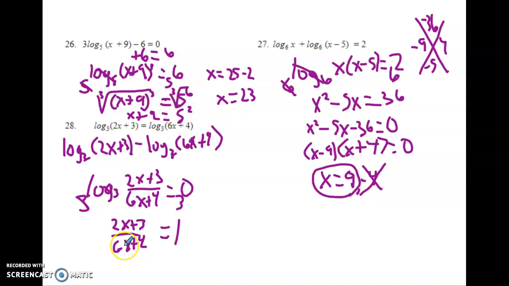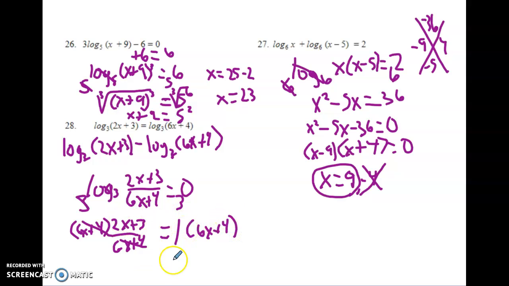Now I have a rational problem, and I want to get rid of that denominator. So I'm going to multiply both sides by 6x plus 4 so that the denominator cancels out over here, and over here I have 6x plus 4. Now I have this 2x plus 3 equals 6x plus 4.